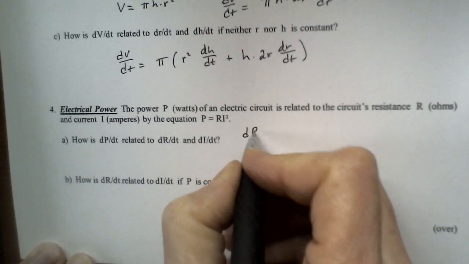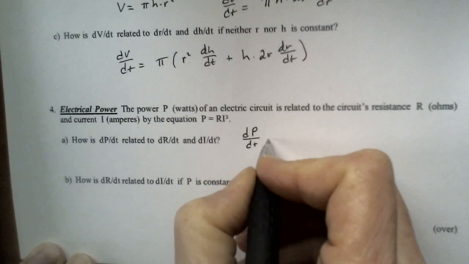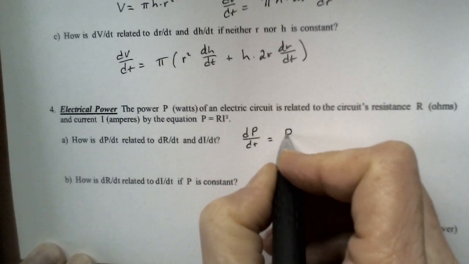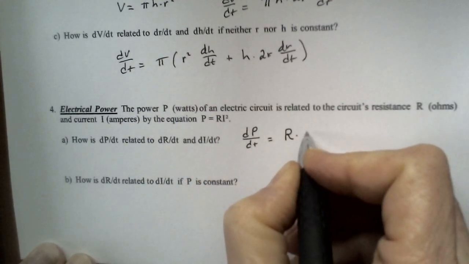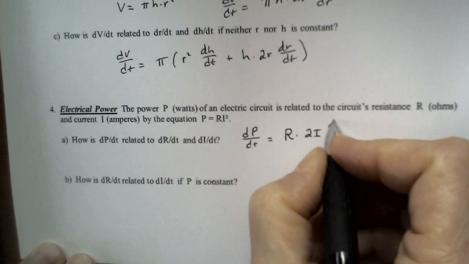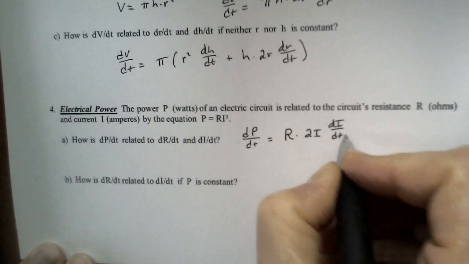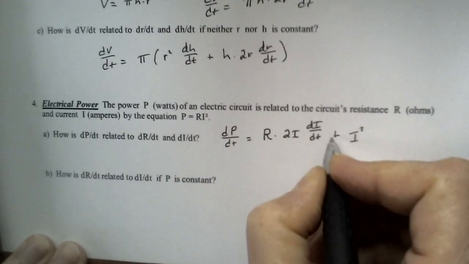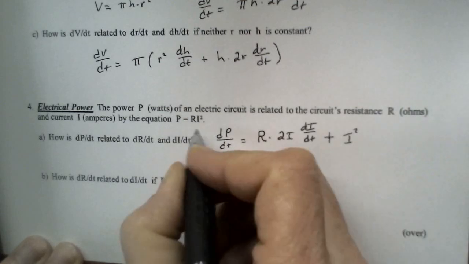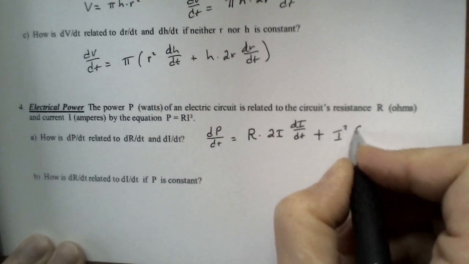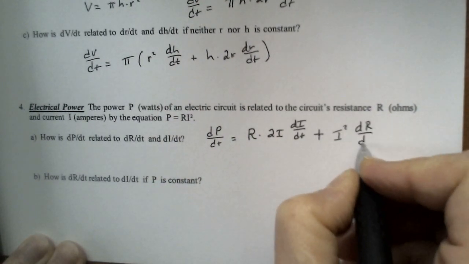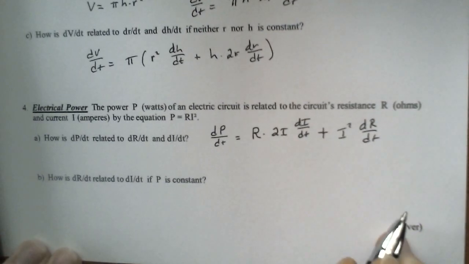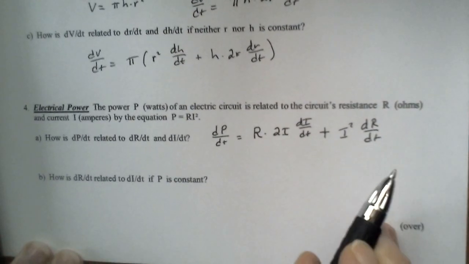So dP/dt is equal to first, R, times the derivative of the second, which is 2I dI/dt, plus the second, which is I squared, times the derivative of R, which is just dR/dt. There's really nothing that you could do to simplify that.